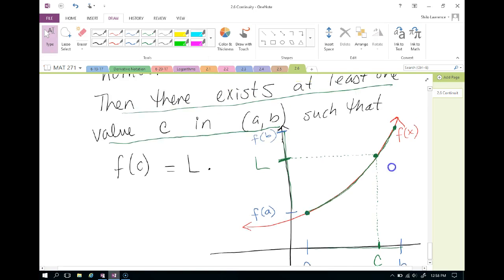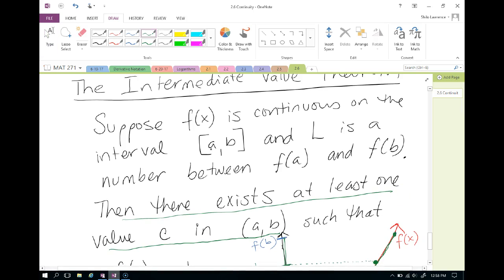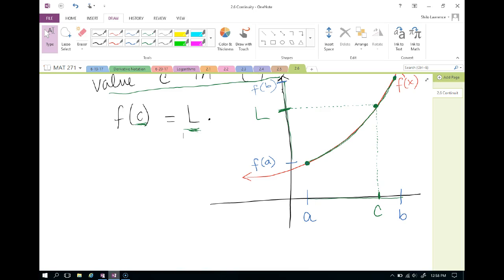So that's what the intermediate value theorem guarantees us, that in order to go from A to B and f of A to f of B with a continuous function, we are going to cover all of the values in between. So if we need to, we could work backwards and solve for particular values if we want to. And the intermediate value theorem is actually really useful in finding x-intercepts.